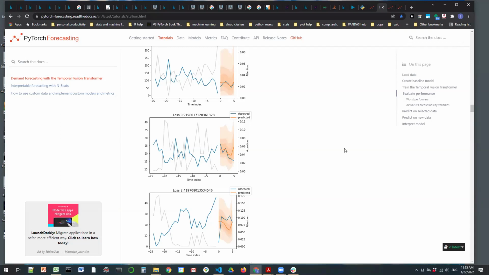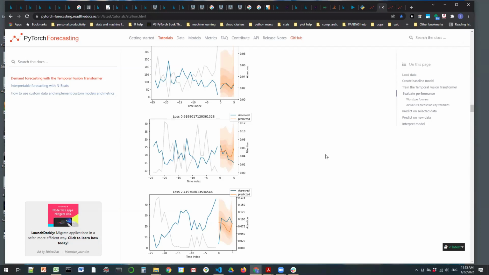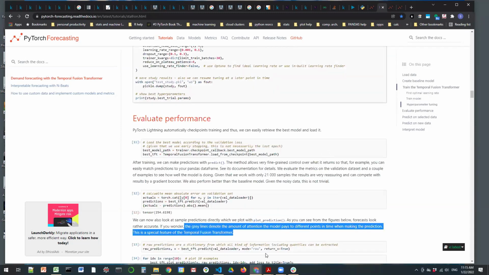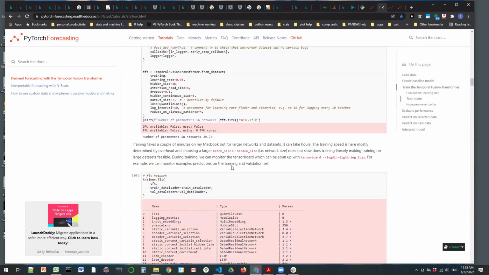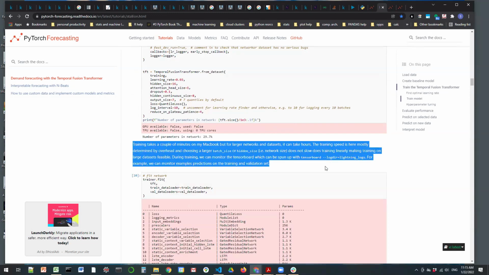And if you get it working, does it take a long time to train? Did he say something about that? Yeah, here he talks about it. He says that larger networks can take hours, but the one he ran took only a couple of minutes for 20,000 points.